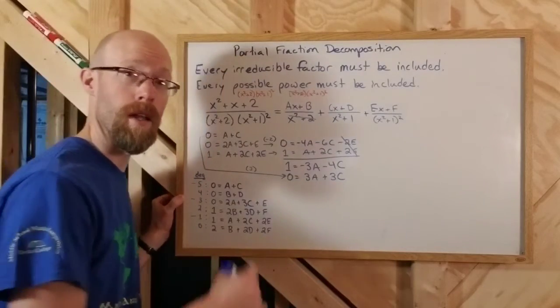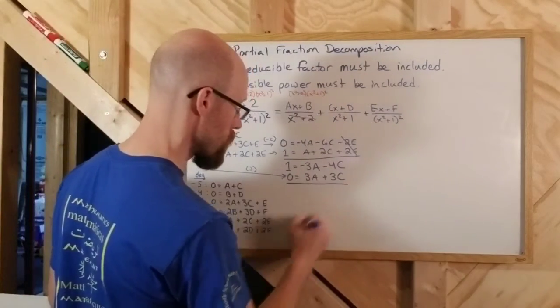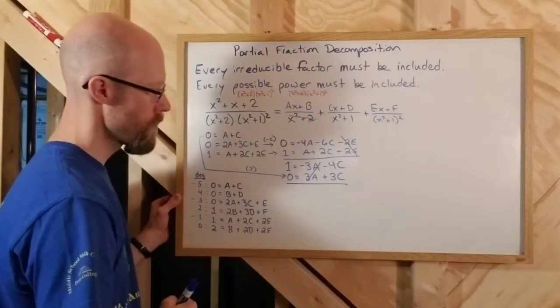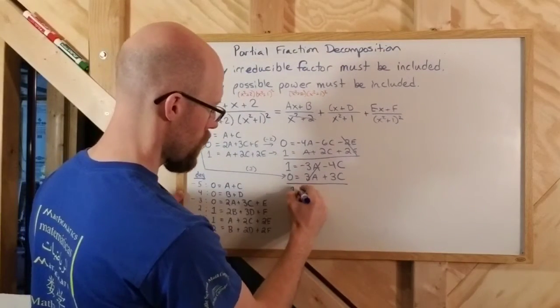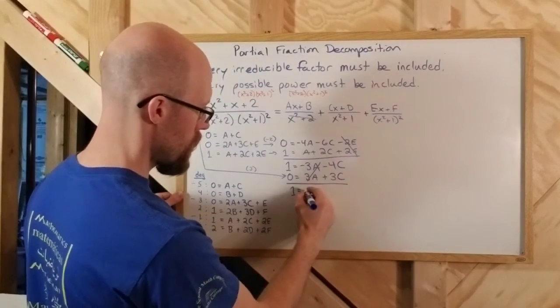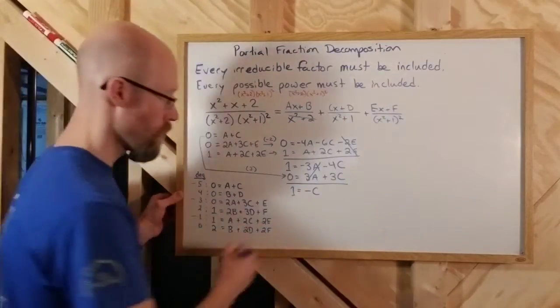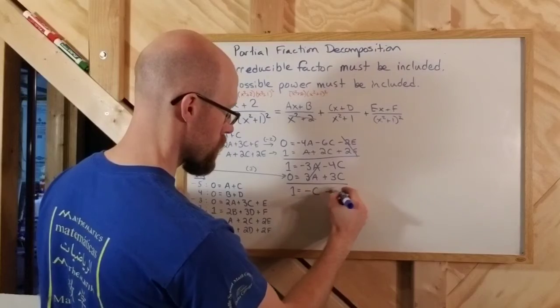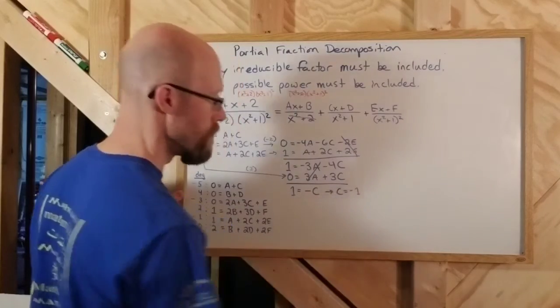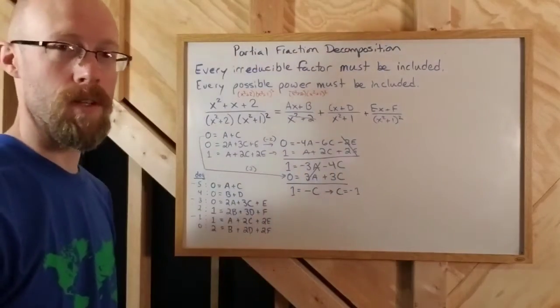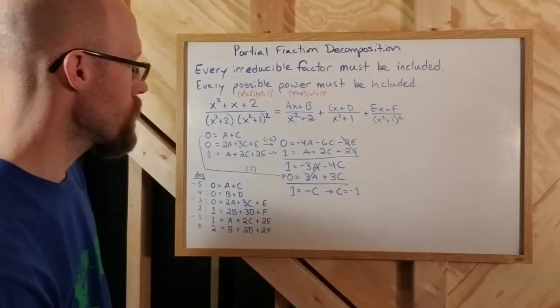Alright? And then I'm going to add those equations together. The a's will drop off. I get 1 equals -c. Well, that works out nicely because if I divide out the -1, that tells me that c is equal to -1. I divide -1 on both sides. So I get a c value of -1.